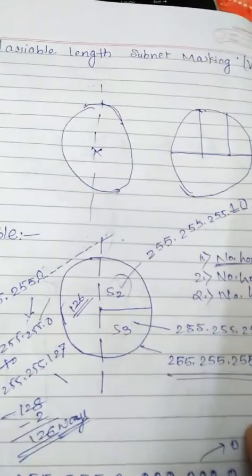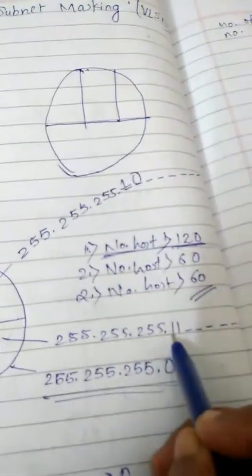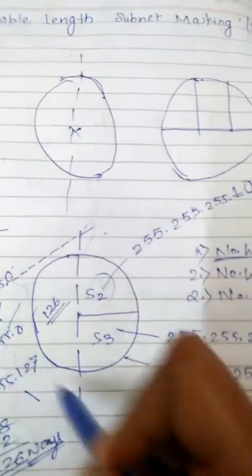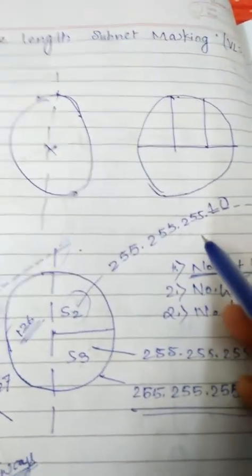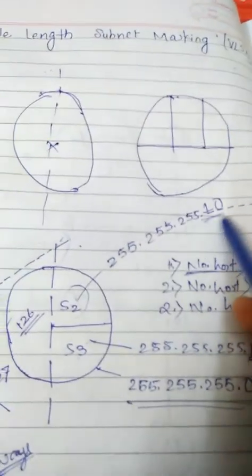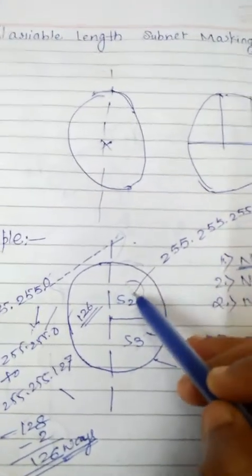Okay, so any host will have the first two digits as this only in this subnet, and any other host having this IP address will be related to this subnet only.